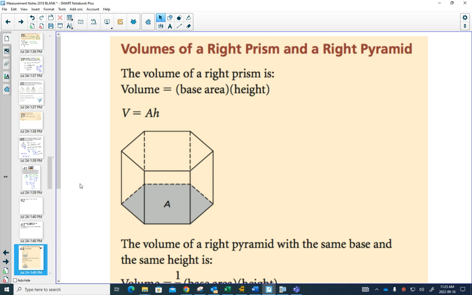It looks like this, but they're very nice by adding the word base in there. It's the area of base times height.